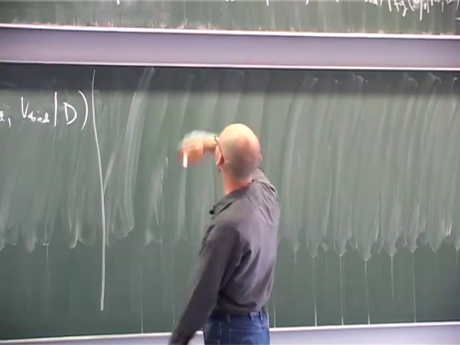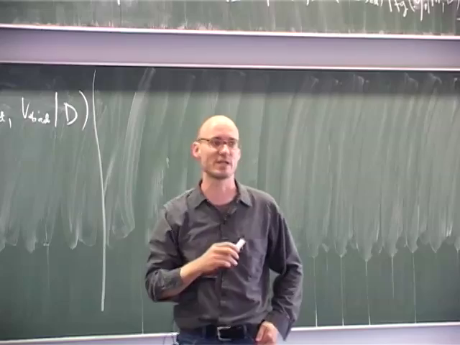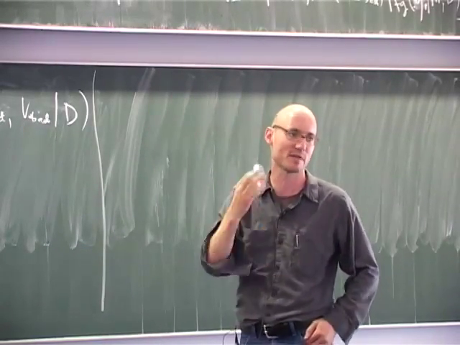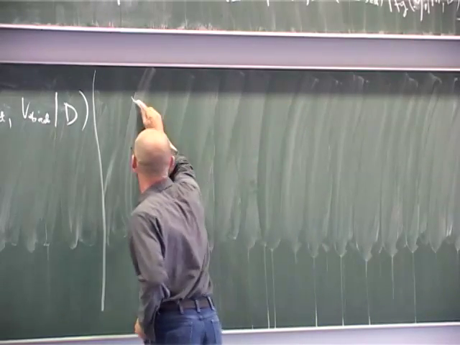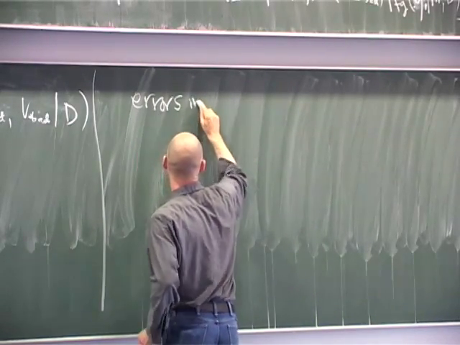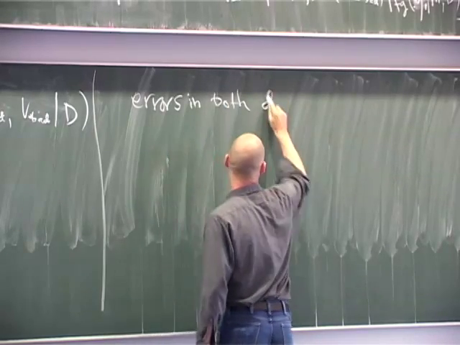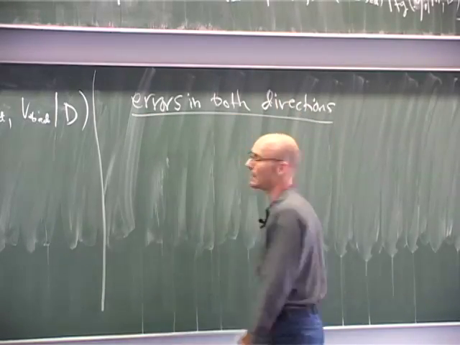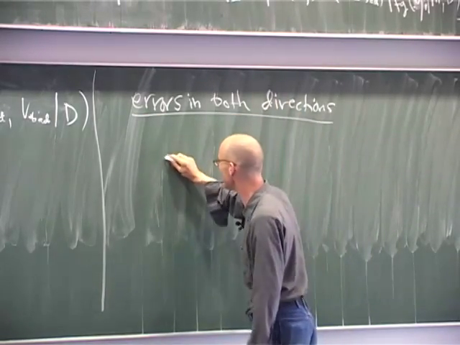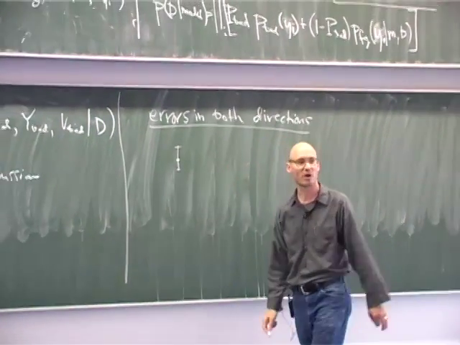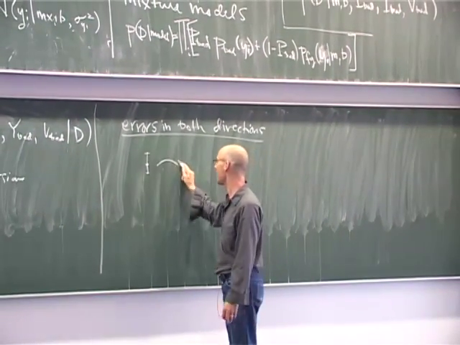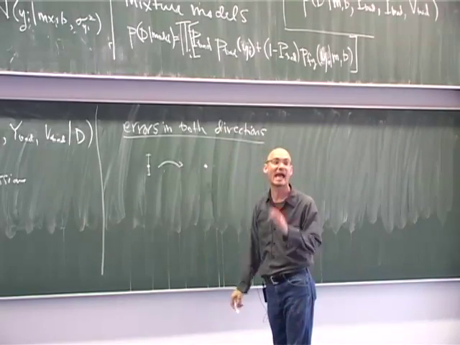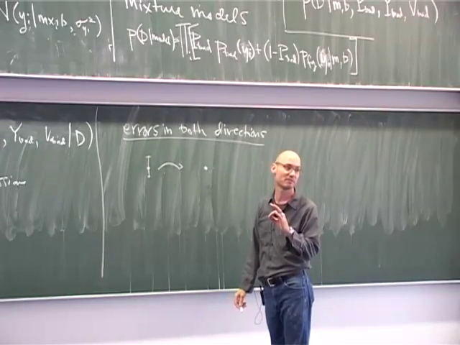Okay. So, actually I was saying that all of these assumptions are broken in practice in every real astronomical problem, but let me talk about another one. Let's talk about errors in both directions. Now the idea is, instead of having a data point here that has an error bar only in one direction, what you have is a data point here with an error in this direction and an error in this direction, and they're probably covariant.